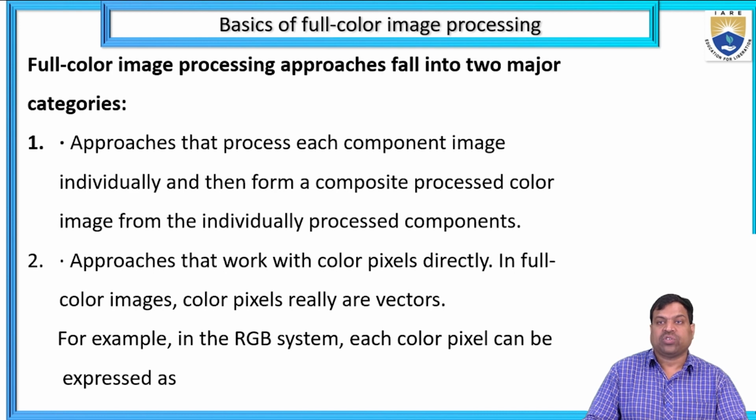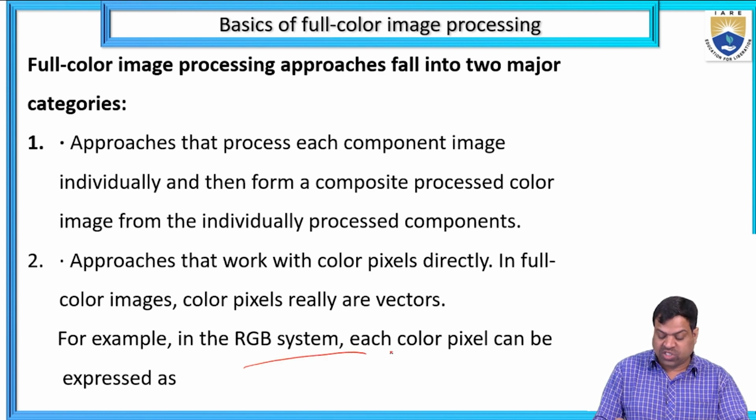Approach one: process each component image individually and then form a composite processed color image from the individually processed components. Approach two: work with color pixels directly. In full color images, color pixels really are vectors.